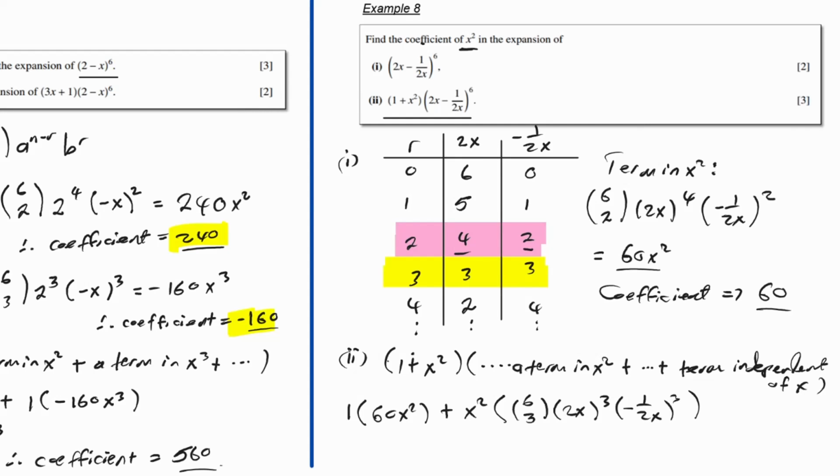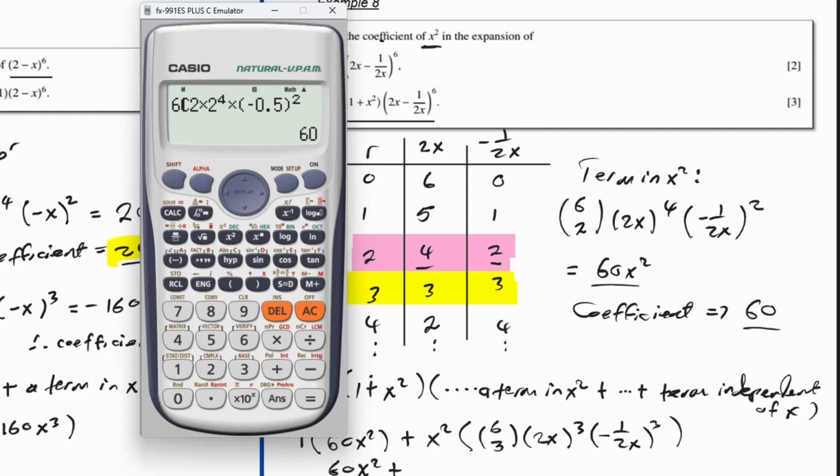So that's going to be 60x squared plus, and simplifying this, let me use my calculator real quick. We have 6 choose 3, times 2 cubed, and we have negative a half, so times negative 0.5, to the power of 3.